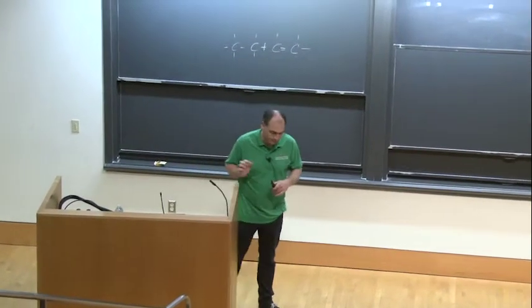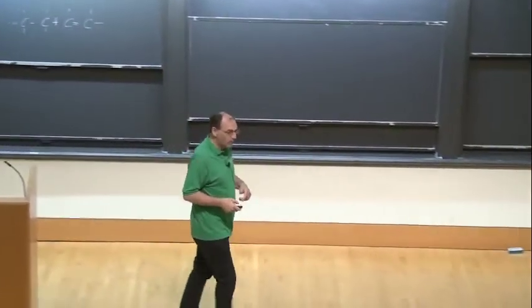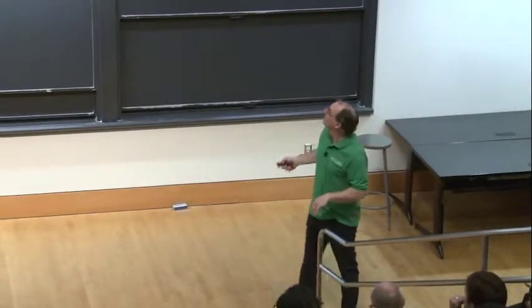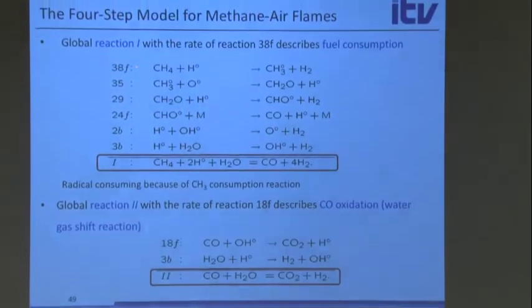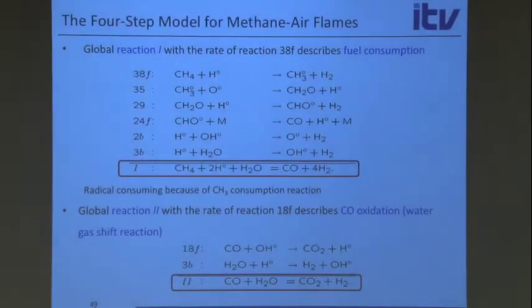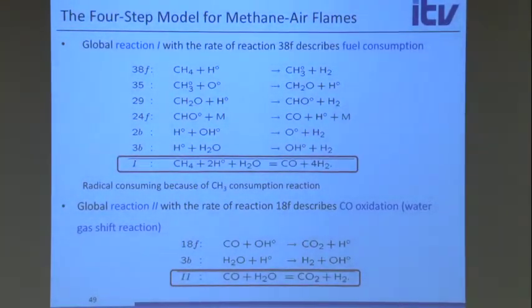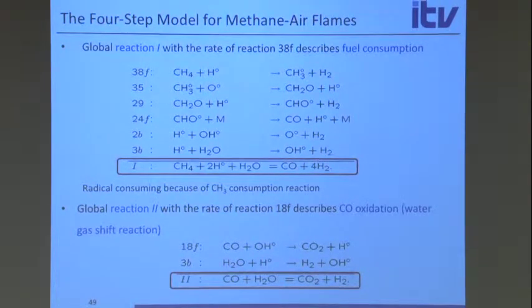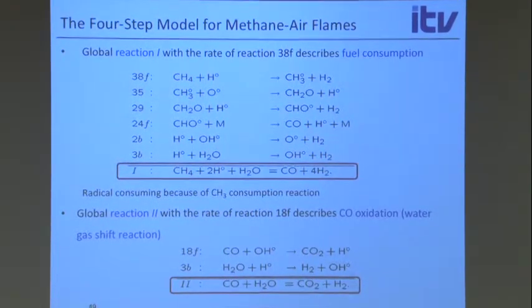Because how many radicals on the left side? 3. And how many on the right side? 1. Okay, so this consumes 2 radicals. If you look at the whole reaction sequence here, this should be a red warning flag, and you see, oh, this is the important part.